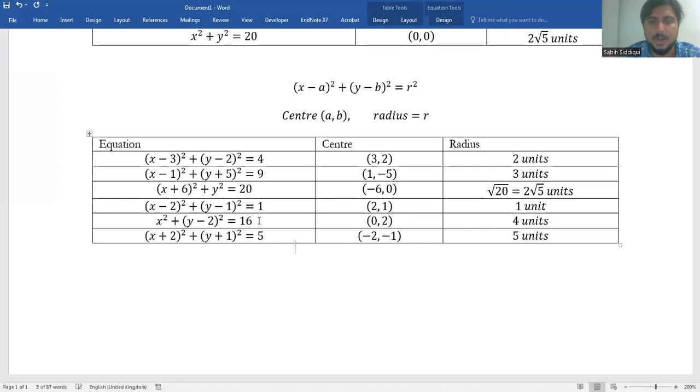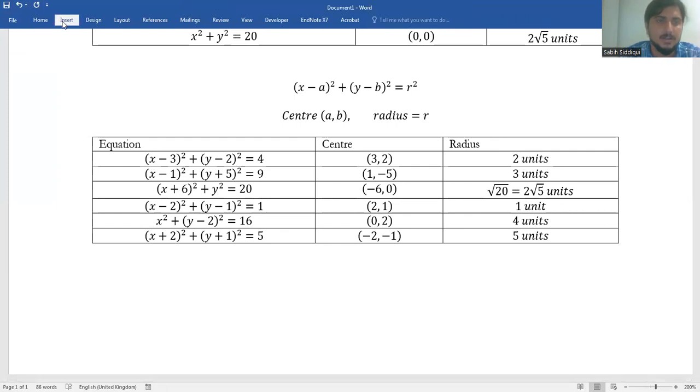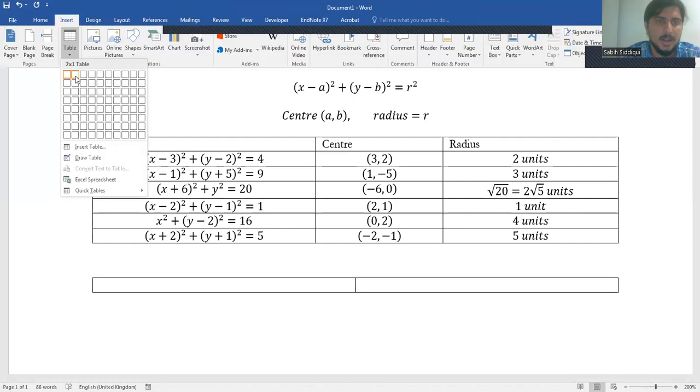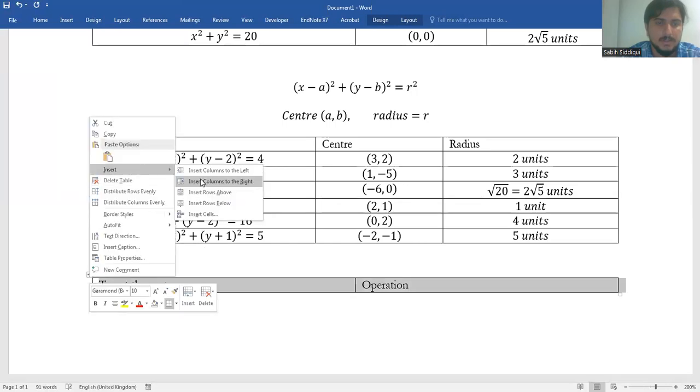Okay, now if I were to simplify the operations that I'm doing in order to get the center, let's understand the center and the operations. To get the center, what are the operations that we are doing? I'll write it down as well so that we understand it.